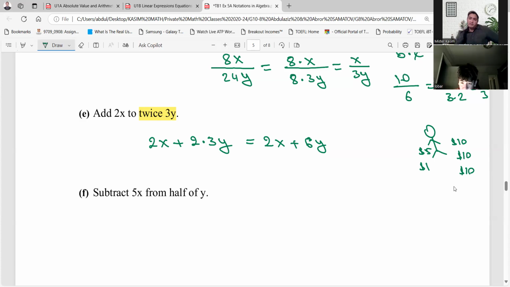How would you answer this question? 36, right? But you see, naturally you are saying 36. You are not saying, oh, Mr. Qasim, I have $1, one $5, three $10. Nobody answers like this, right? So if we have here 2 times 3y, don't say 2 times 3, we just say 6y.